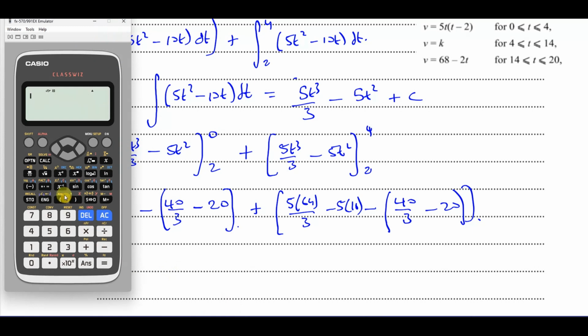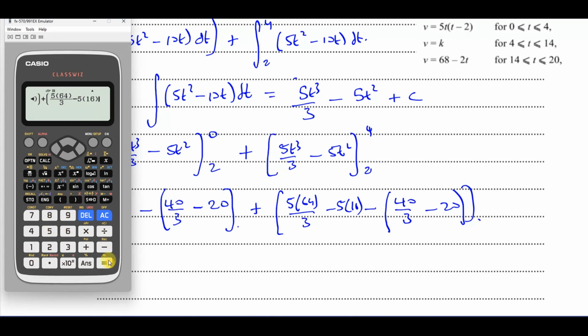So we're going to have minus, in brackets, 40 over 3 and take away 20, and plus, another bracket, 5 times 64 over 3 minus 5 times 16.